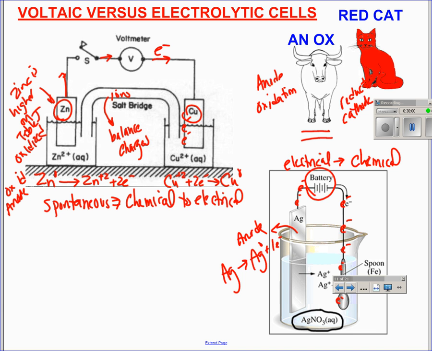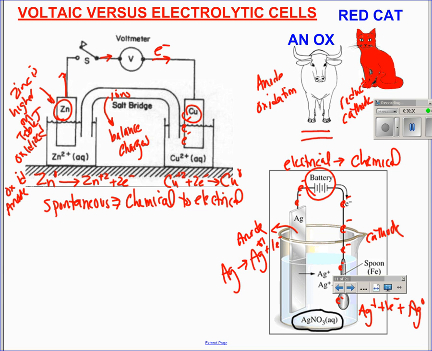Now, the silver ions, this should say silver plus 1, are then going to be in solution, and they're going to be repelled by the anode over to the cathode, where they're going to undergo reduction, and they're going to gain electrons to become silver atoms.